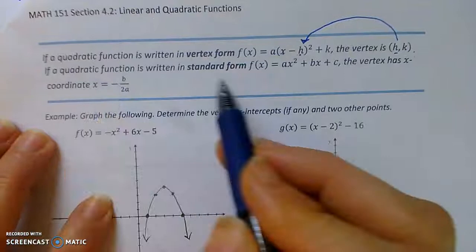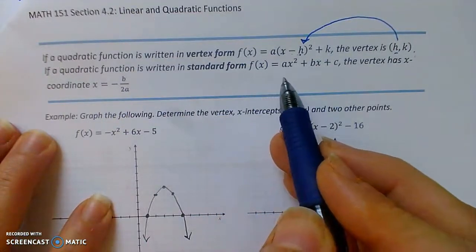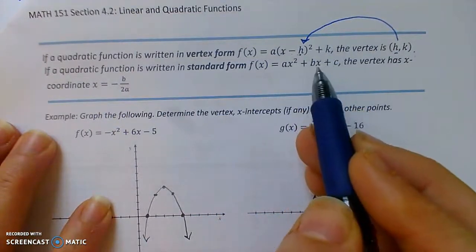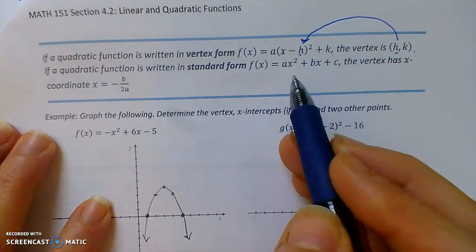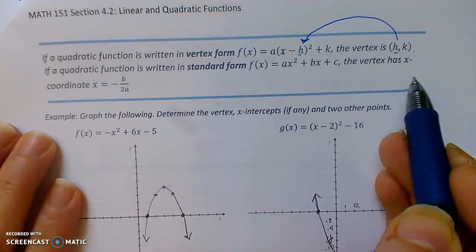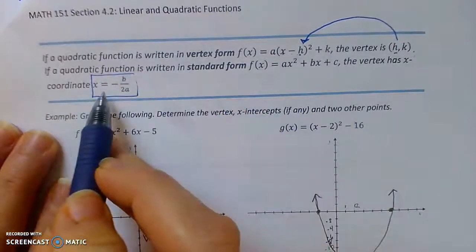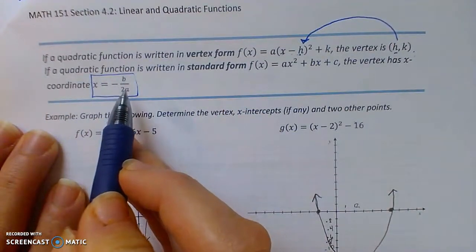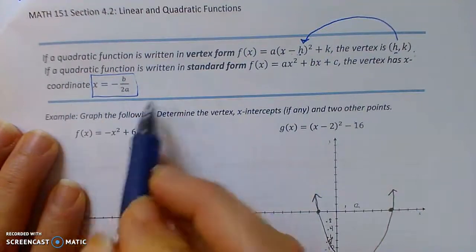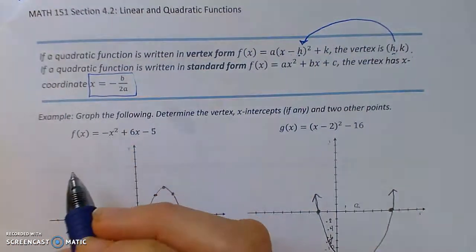And then if your quadratic is written in standard form, you can't just see the vertex, but you can quickly find the vertex with the formula x equals negative b over 2a. This formula comes from the quadratic formula.